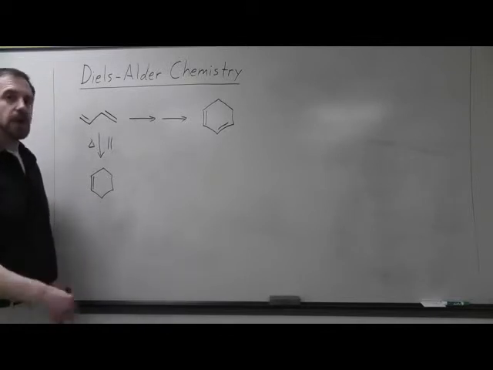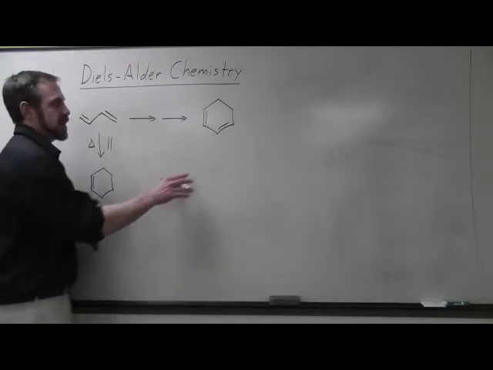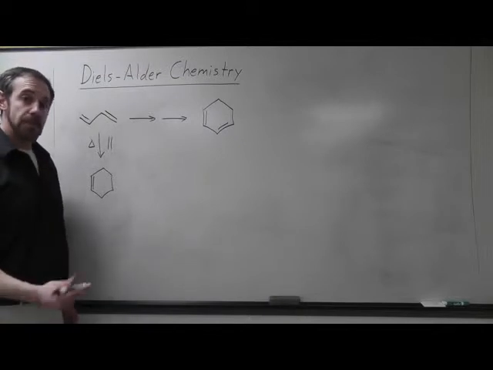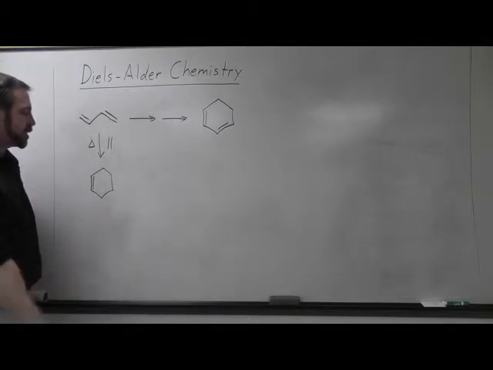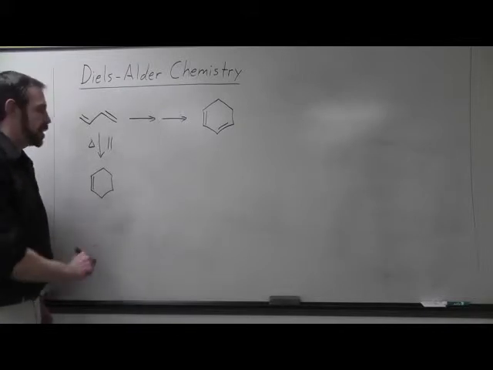So we're missing a pi bond. Well, how can we put a pi bond here? In one step, it's not achievable. But we know reactions that involve alkenes that can get us there.